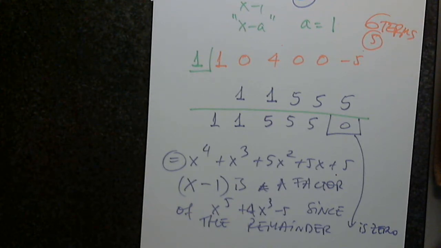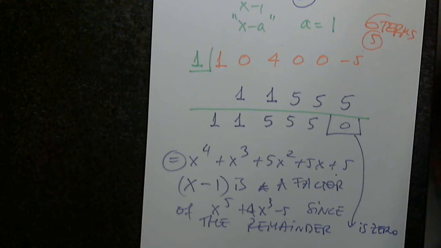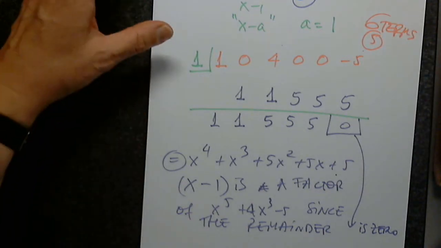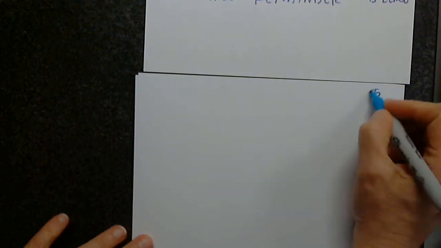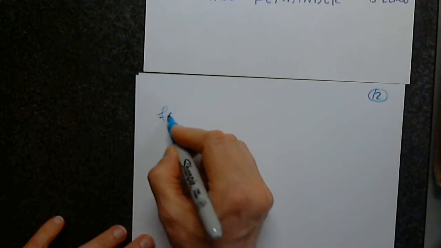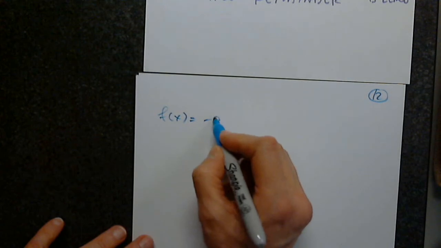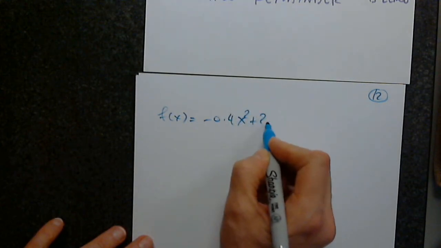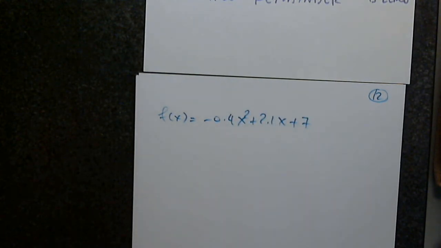Okay, next problem. We want to do 5? Very good. We did 5 in class when I showed you that I am throwing a ball up in the air, up and out. So let's take a look. We have f of x equals negative 0.4x squared plus 2.1x plus 7.